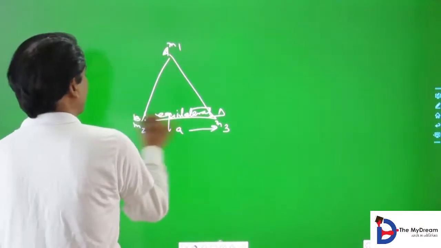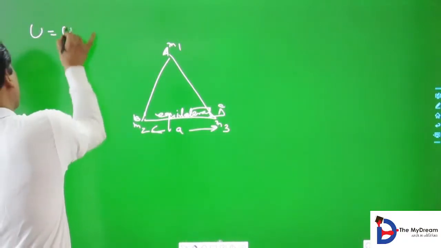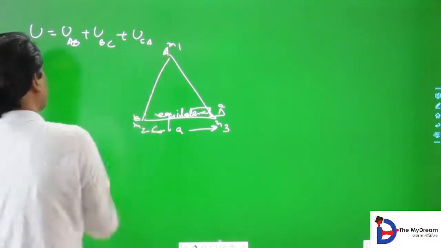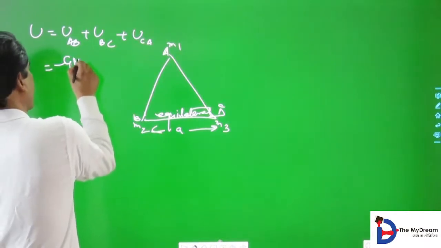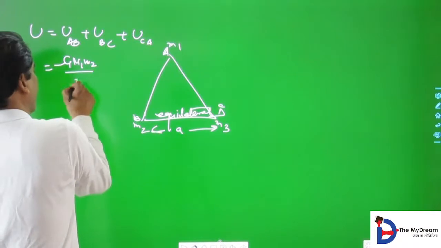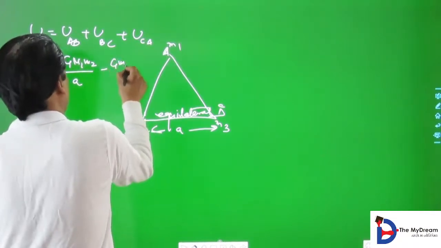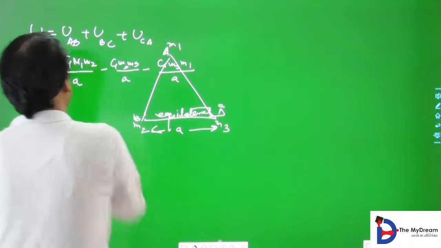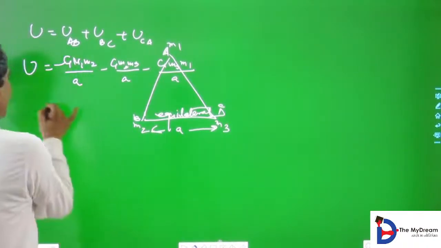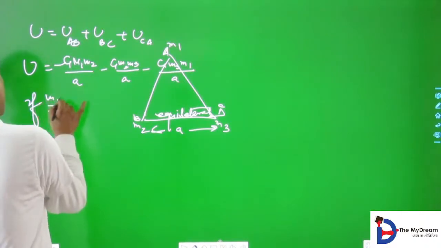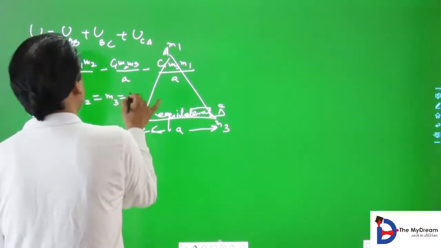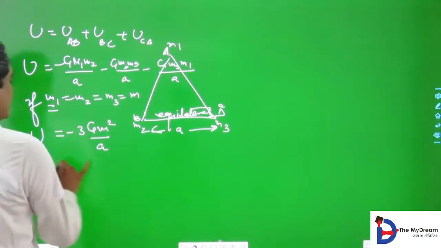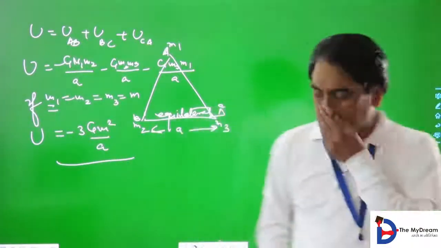This is A, B, C. Gravitational potential energy with this, and with this, is minus G M1 M2 upon A. If the masses are the same, if m1 equals m2 equals m3, which is m, then you can have minus 3 G m square by a.